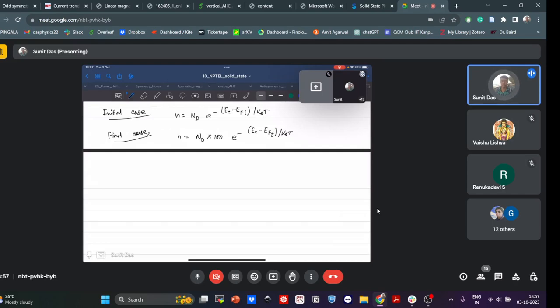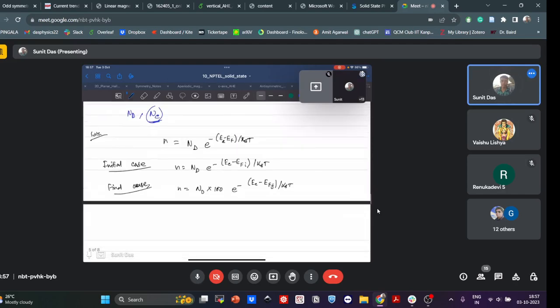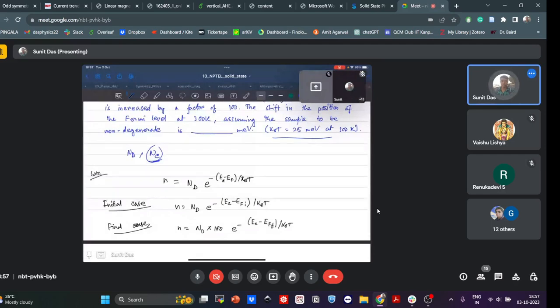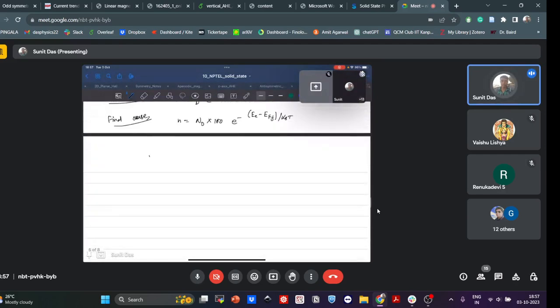Now we need to find the shift in the position of the Fermi energy. So the shift is EF final minus EF initial. This is the shift in EF.